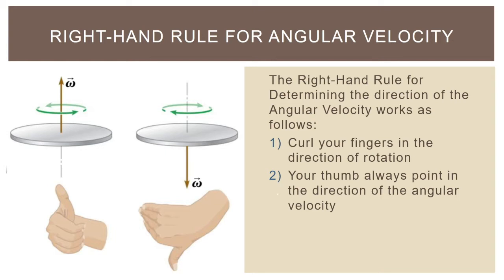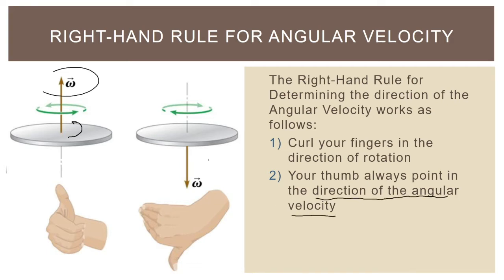So if you think about looking at this disk here on the left, you'll notice here it's rotating this way. And if you were looking at it from above, it would be rotating counterclockwise. And so if we curl our fingers in the direction of the rotation, our thumb points up. The thumb direction here is actually the direction of the angular velocity.